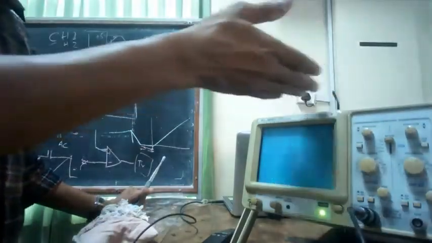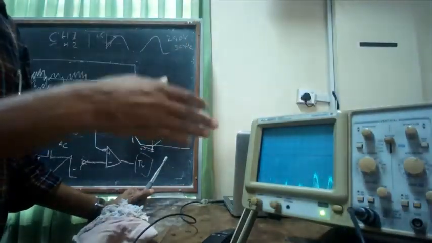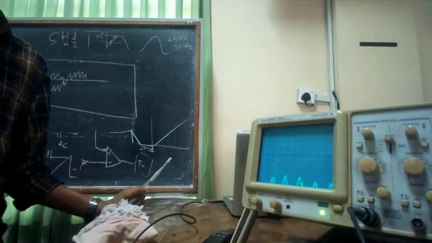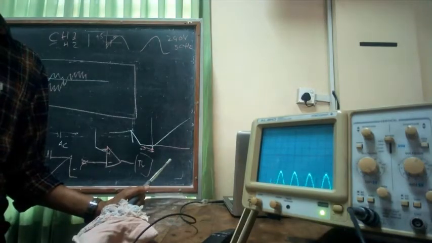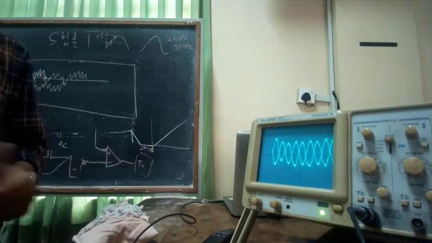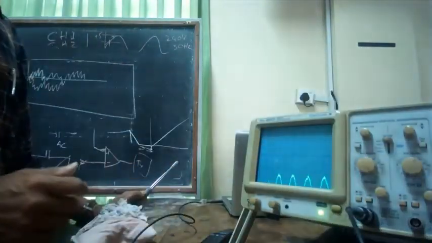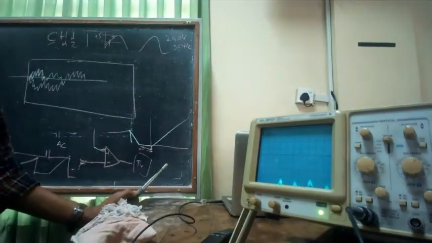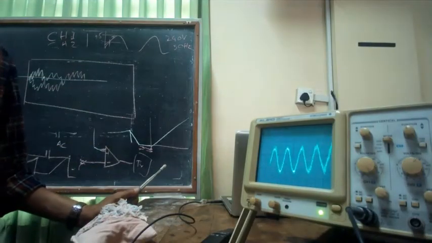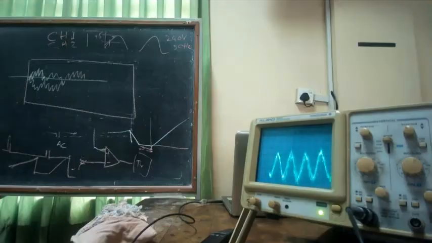No matter how hard I try, I cannot actually trigger this. The reason for this is my signal itself is noisy. Obviously, theoretically I cannot trigger this. For this, I can use another signal, like for example a 50 hertz signal. If this were a 50 hertz signal, then I could have triggered it. Say for example, let me put 50 hertz.